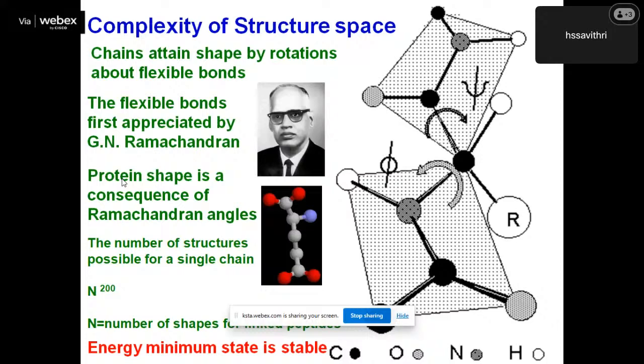G. N. Ramachandran thought, how many shapes can a polypeptide assume? It just turns out that it is infinitely large. Again, infinity is a very complex concept. All that we mean is it is extremely large. So the number of proteins possible is infinitely large. And if you take one protein, the number of structures it can have is infinitely large.